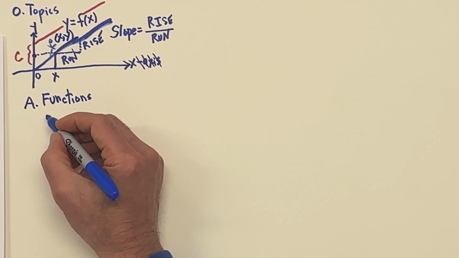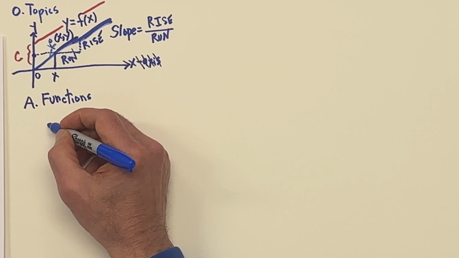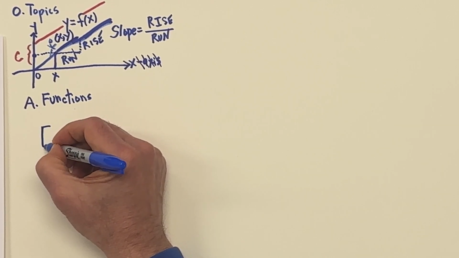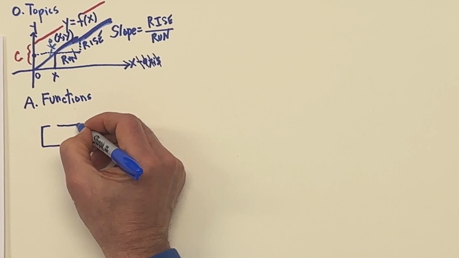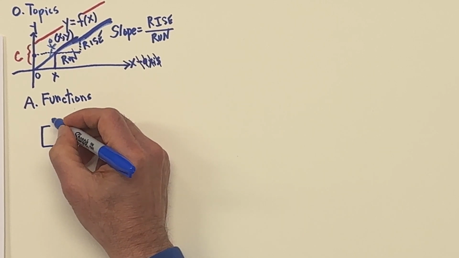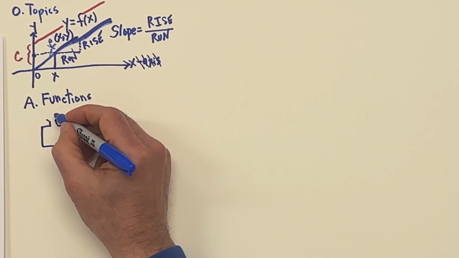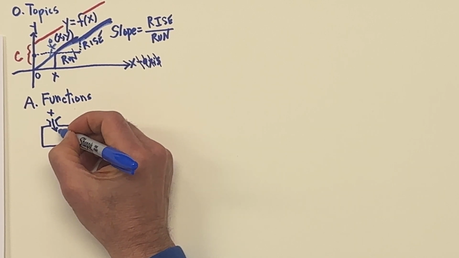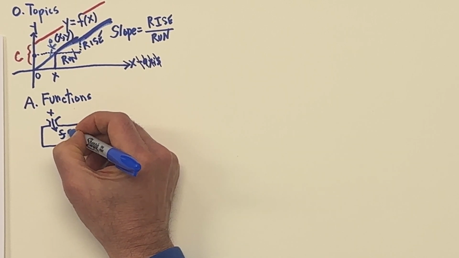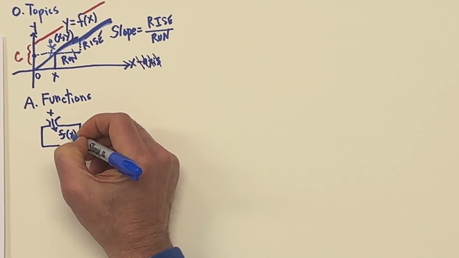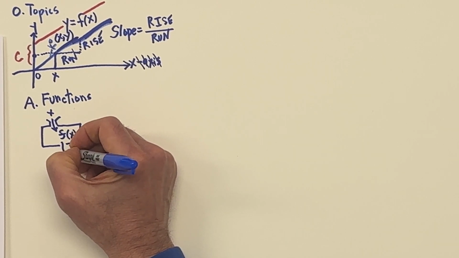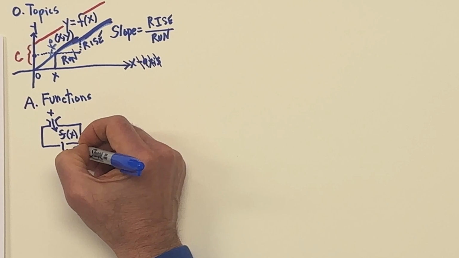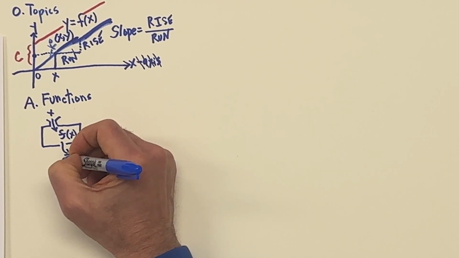So the concept of a function, I like to think of it as a machine, where you put into the machine an input, which we call x, and the function f works on x and then sends out an output, which is f of x, which we call y.